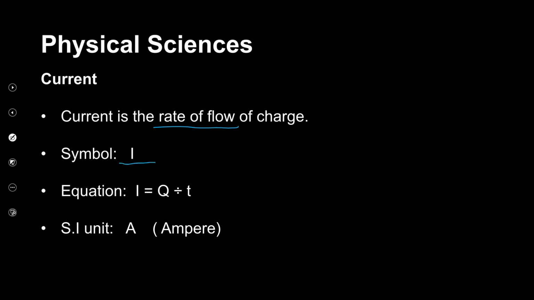The symbol for current is I, and the equation that we use to calculate current is I is equal to the charge Q divided by the time. So that's why we say it's the rate of flow of charge. And of course, the symbol for the unit is A, and the unit is an ampere. We don't say amps, we say A for the current.